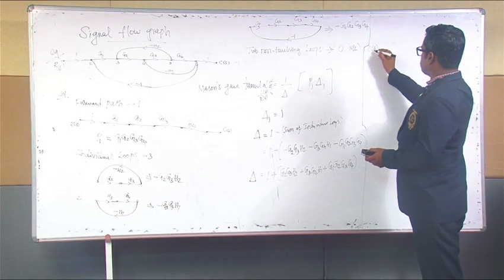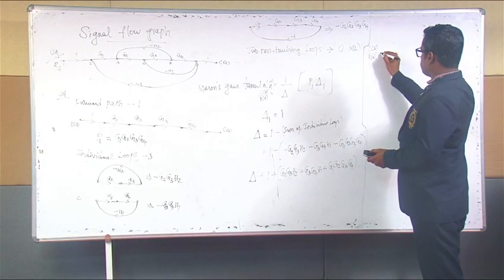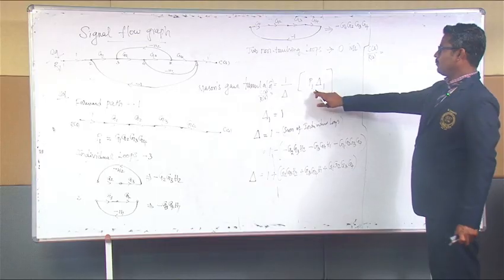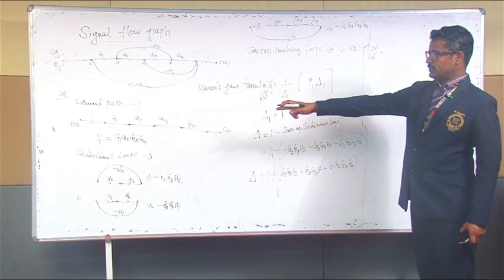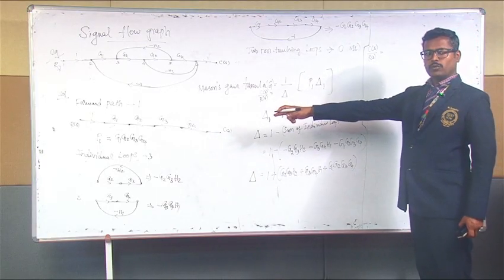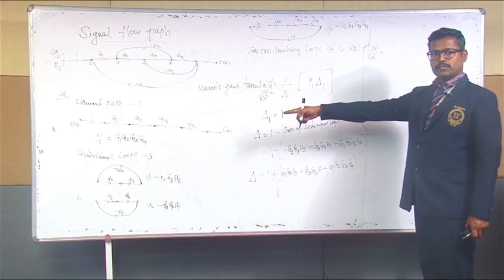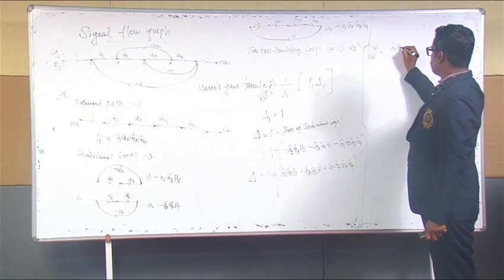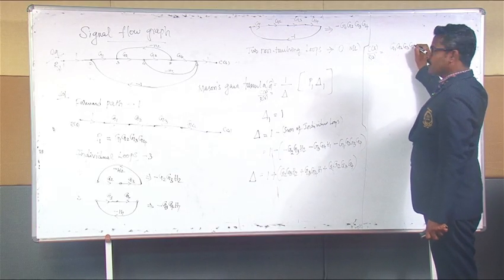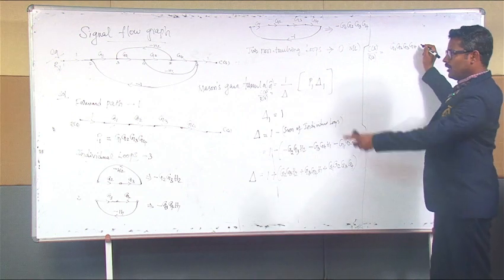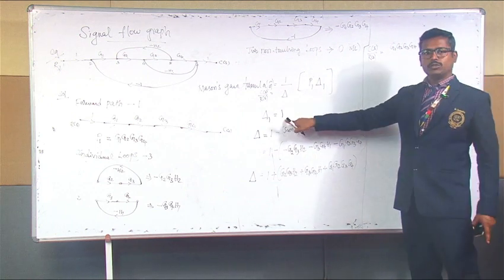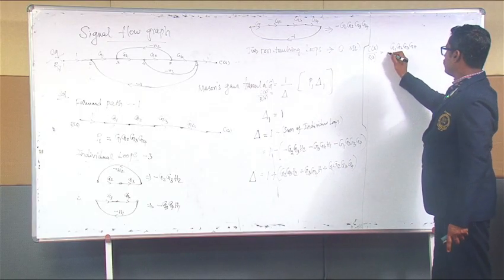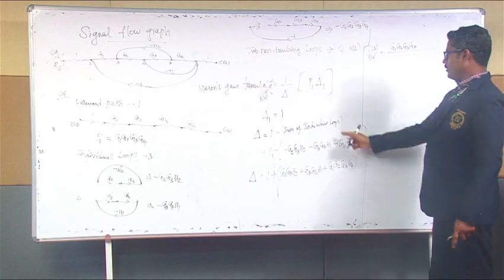C of S by R of S equals, from this gain formula, 1 by del into P1, and what is the P1 value? It is G1, G2, G3, G4. So you have to write this G1, G2, G3, G4. And your del 1 value is 1, so it is multiplied by 1 divided by the del value.